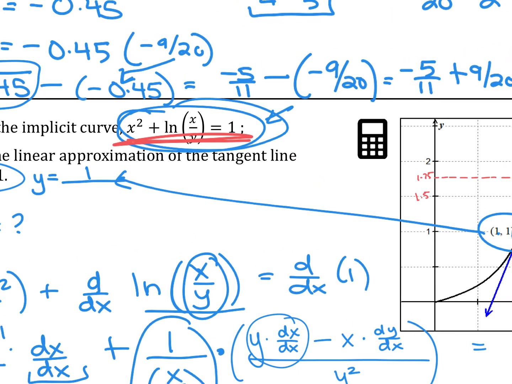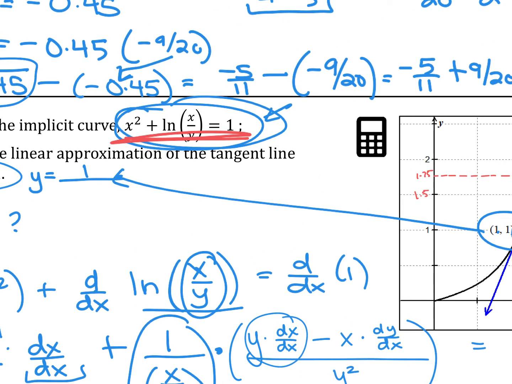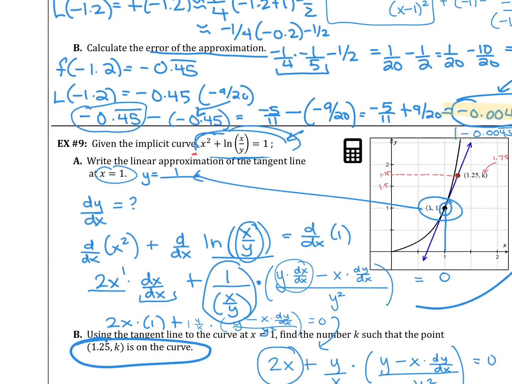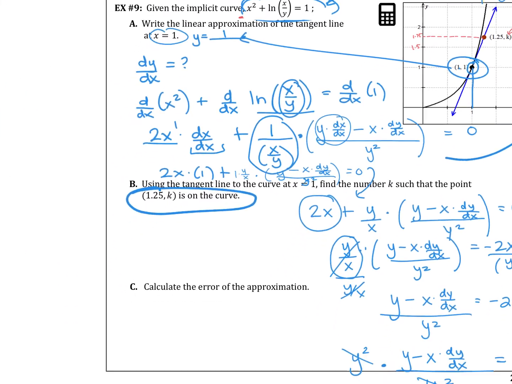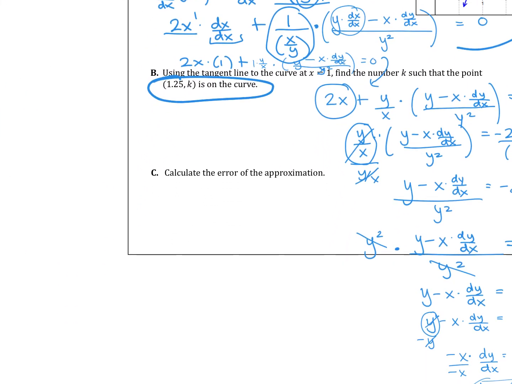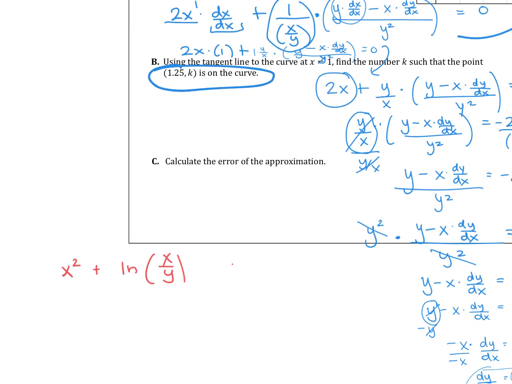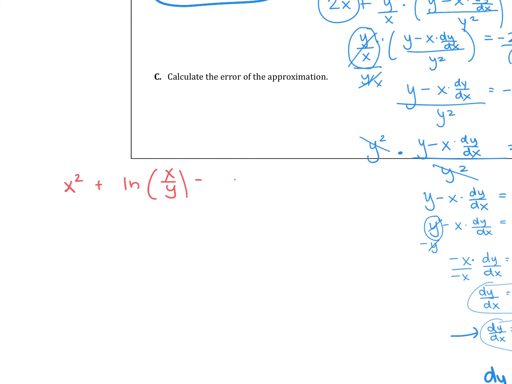So if I were to solve that for y, if I take x squared plus natural log of x over y equals 1, if I solve this for y, I can do that.